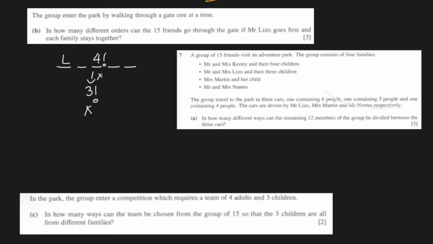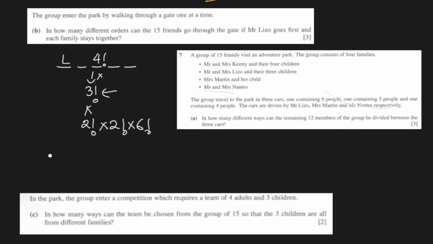First family, now you can take anyone. We have taken care of their order here. So let's take Mr. and Mrs. Nantes, 2 factorial. Then Mrs. Martin and her child, 2 factorial. And Lizzo family is already there. So there are 4 children and 2 parents, 6 factorial.